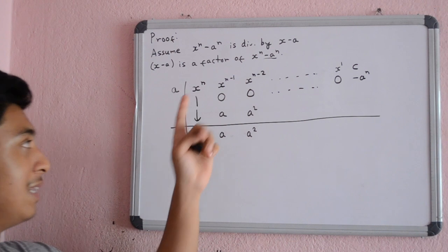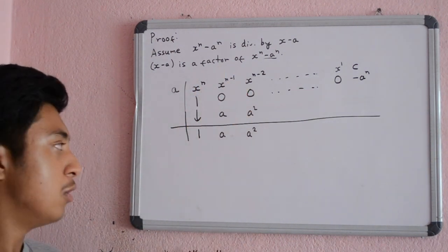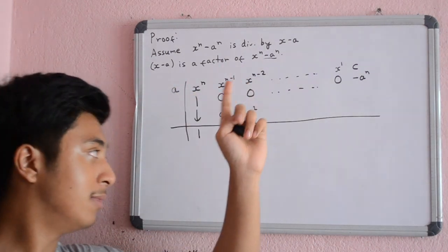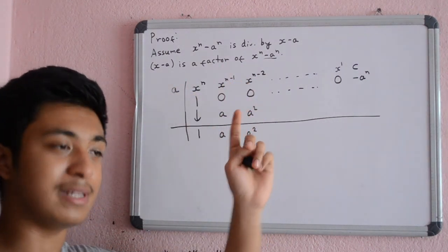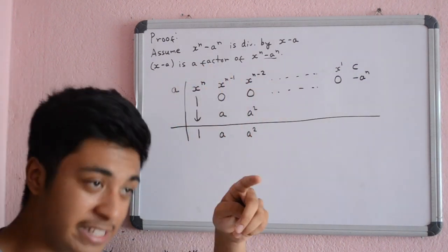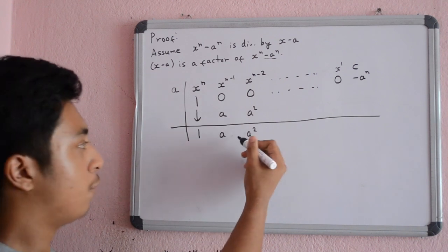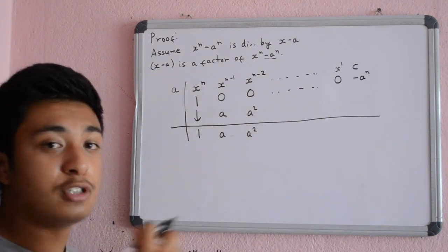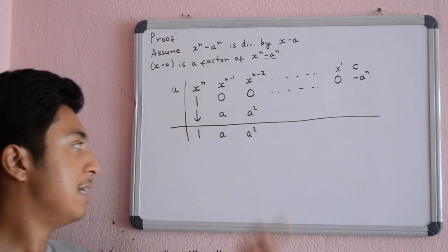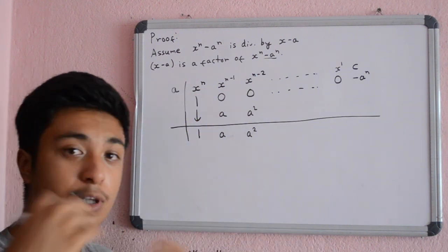Let's look at x to the power n minus 1. We'll have a to the power 1, for x to the power n minus 2, a squared, and next for x to the power n minus 3, we'll have a to the power 3. And as you can see, for the powers of x to the power n minus something, the answer right here will be a to the power something.